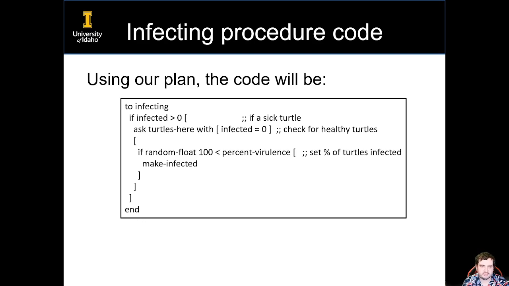We're going to say if their infected value is more than 0, we're going to ask all the turtles here that have a value of infected equal to 0. That way, in this version, we're not going to be able to infect turtles that are already infected. If you're not sick, roll a dice and see if you're going to become sick. And if you are, you're going to do make-infected. All right, so let's go do this.